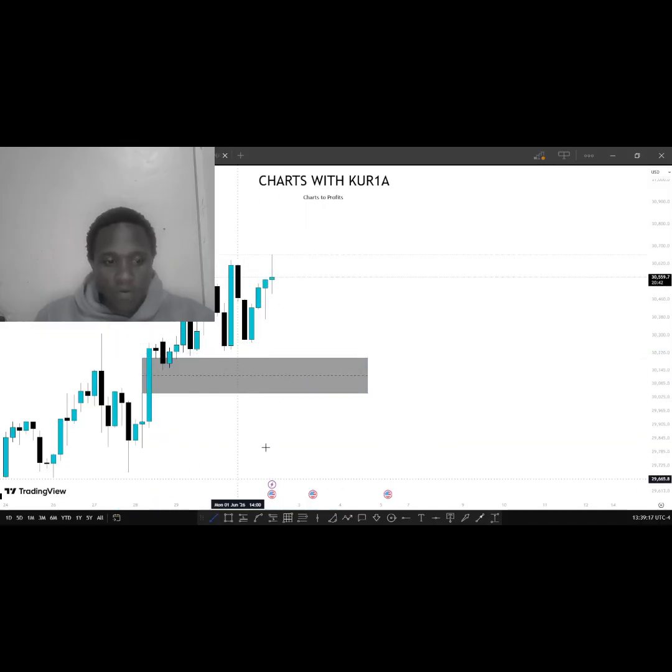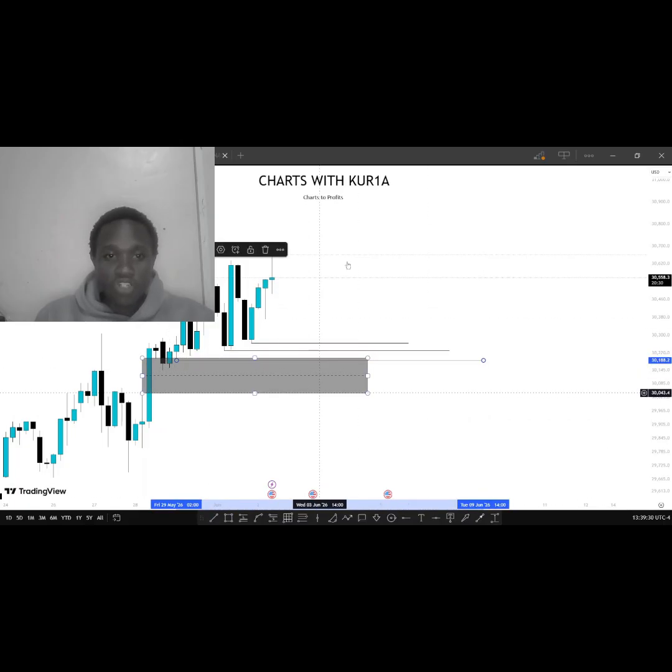That is what I want to see getting swept. All that sell side liquidity can get swept before we take the continuation of longs, because as I said, I wanted to see price continue to the upside. So I just wanted to see price dip into this level and then continue.